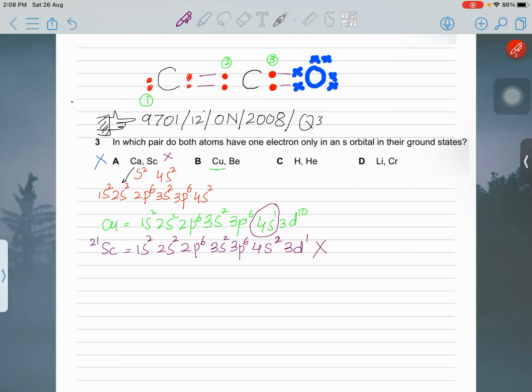So both in the first option have 4s2, so this is wrong. Copper is 4s1, correct.